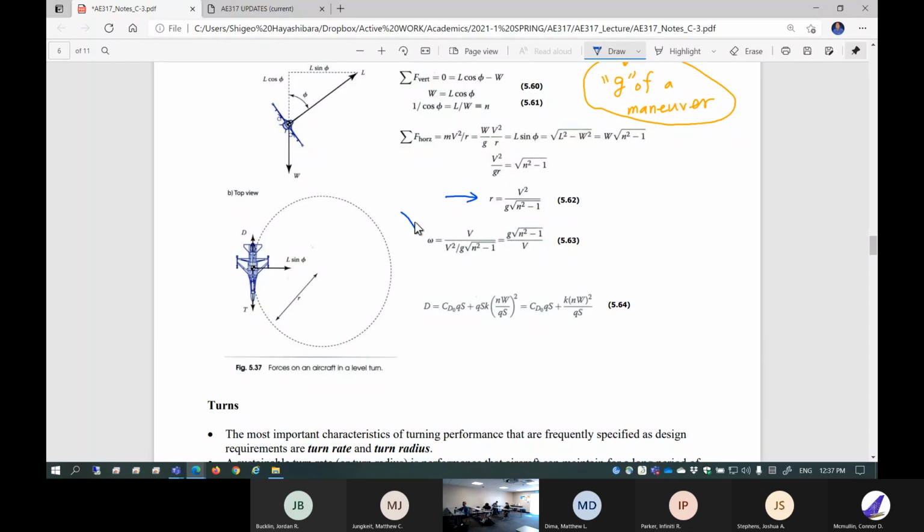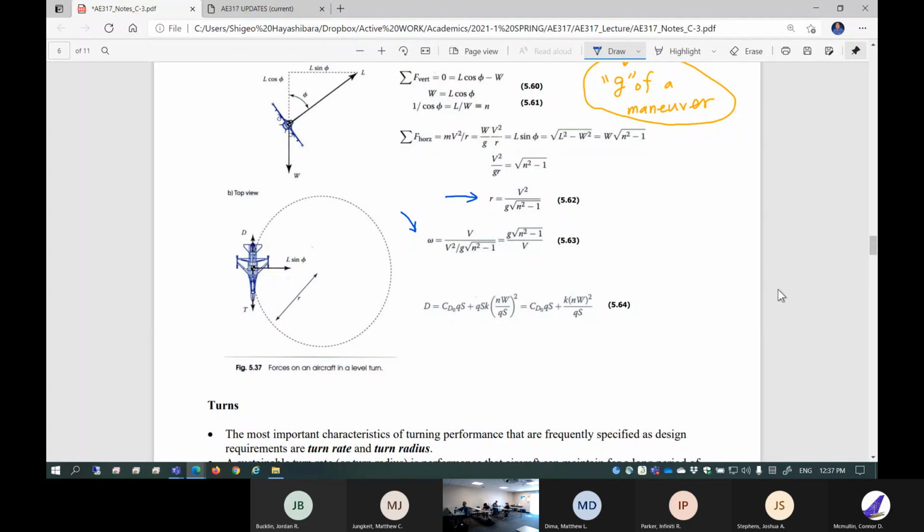The other one is the rate of turn. Those two are important things. This is the radius of turn. This is the rate of turn, how fast you can turn, in degrees per minute or something like that. How much angle you can rotate around the circular motion.